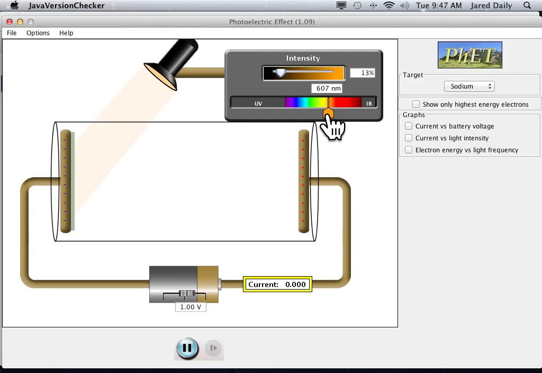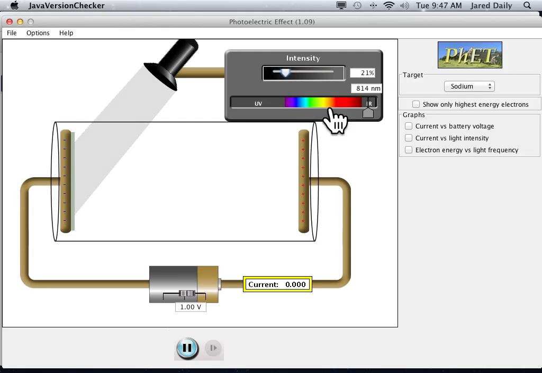Current to 0. Does it change with intensity? Something weird is happening. I mean, if we increase that intensity, we should get more electrons out.